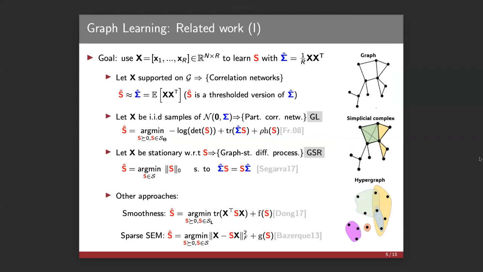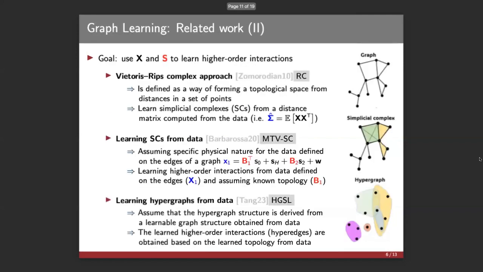They use different approaches and priors on the data and also on the graph, but I don't have time to explain all of them. We will focus on GL and GSR, which I will use in the experimental setting.